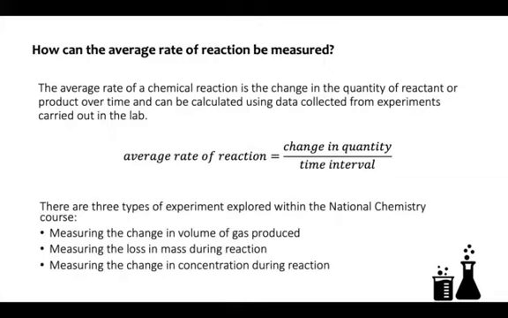Okay, so I'm going to go over all three of these, and then we're going to look at a couple of graphs, and we're going to look at how you would actually calculate the rate of a reaction and what the units would be.